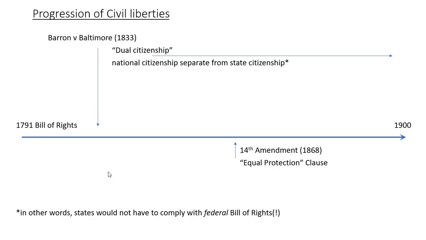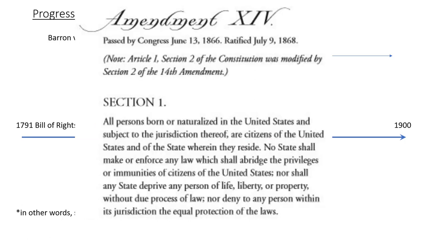And then right on the heels of the 13th Amendment is the 14th Amendment, which very importantly has the Equal Protection Clause. This means that no state can deprive any person equal protection under the law.